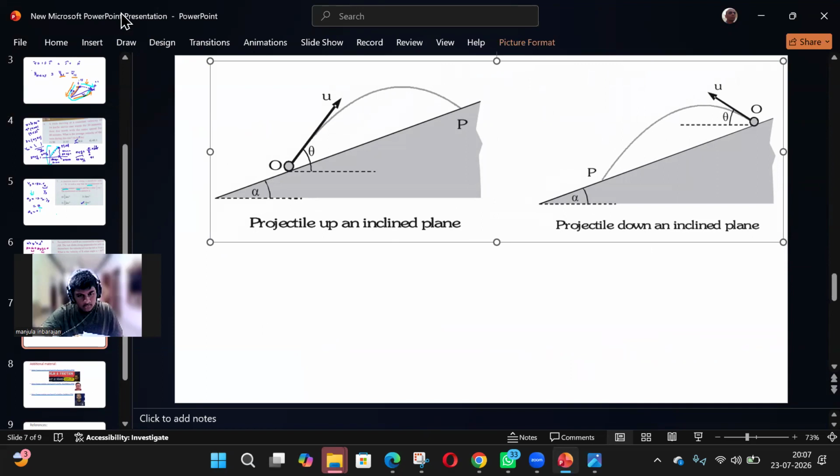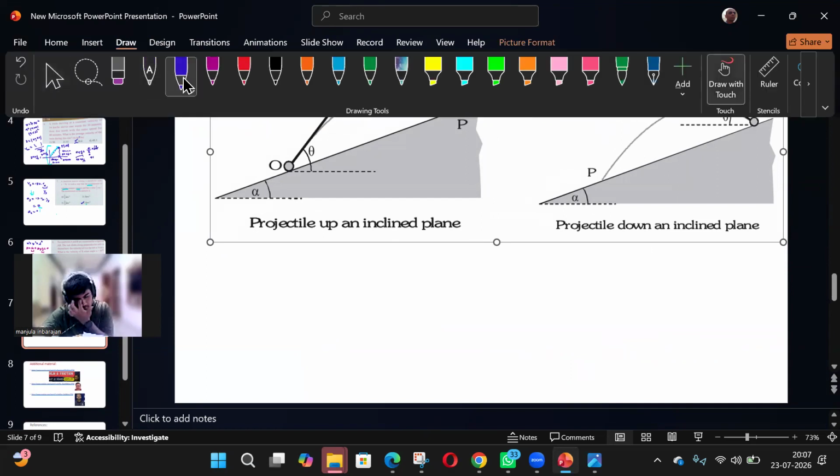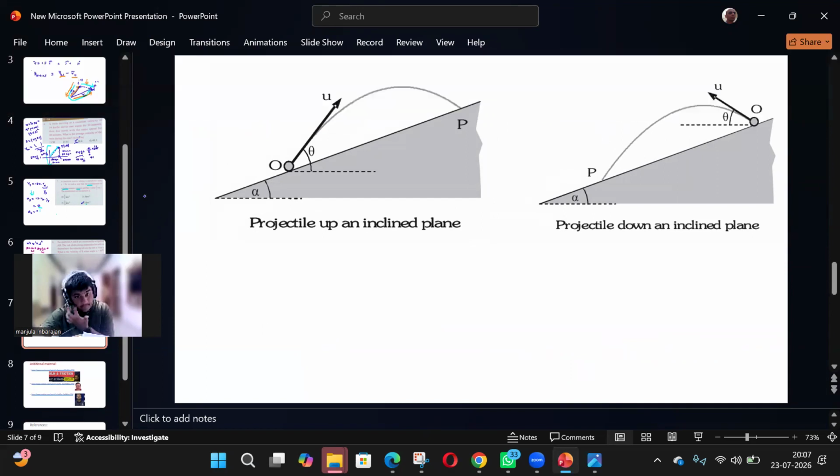That's the easiest way of doing it. So choose this as the x-axis and the y-axis perpendicular to it.